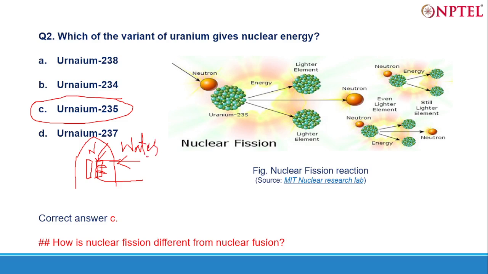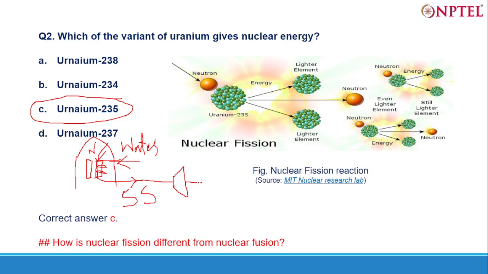This cold water goes in at ambient temperature, takes away the heat, and comes back. When it takes the heat, it is converted into steam, and after taking so much heat, it is superheated steam. Not only steam, but superheated, very hot. It behaves like a gas, and this steam is passed through a turbine.